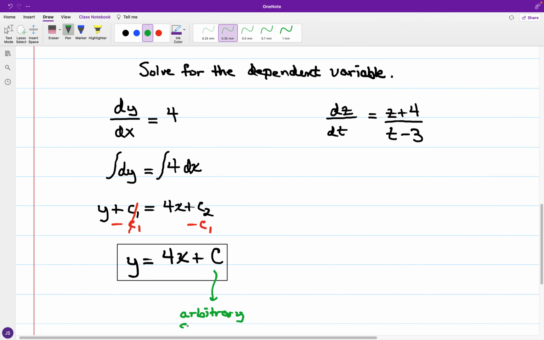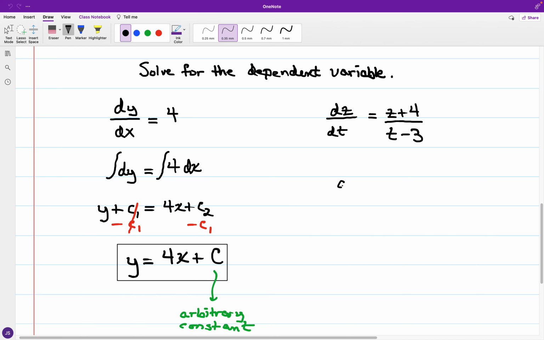Looking at the next equation, involving the variables z and t, we have dz over dt is equal to z plus 4 all over t minus 3. If we look at separating the variables, what we have in z apart from that which we have in t, we can simultaneously divide by z plus 4 and multiply by the differential dt.